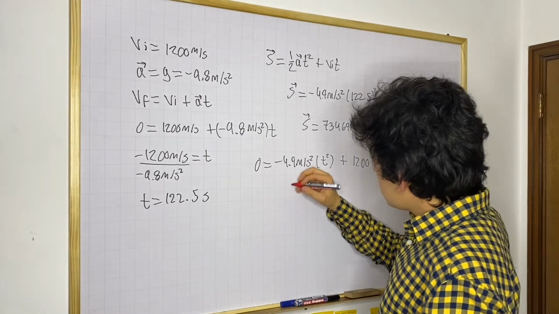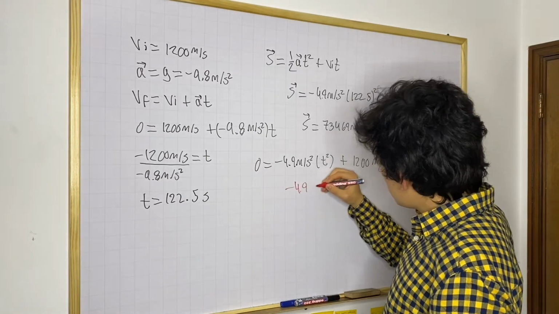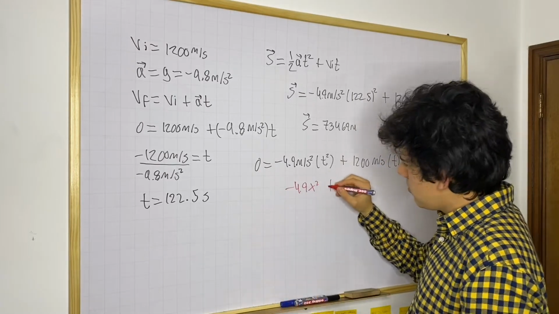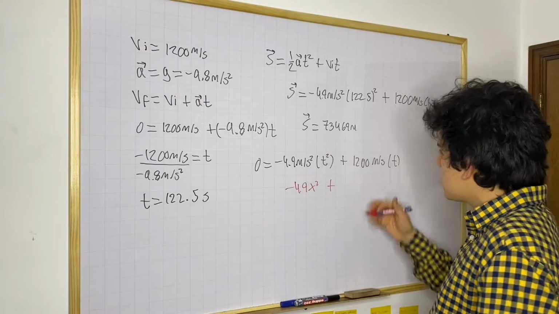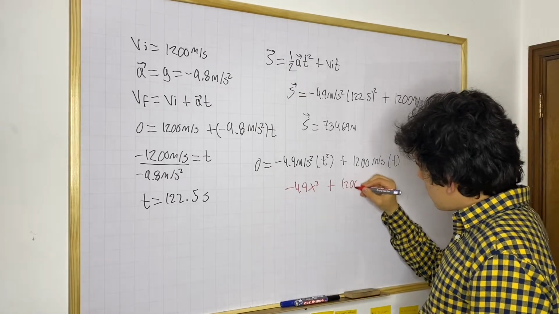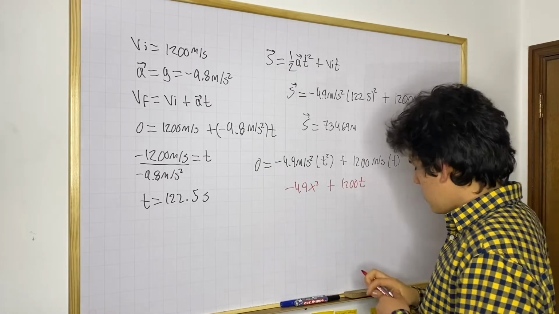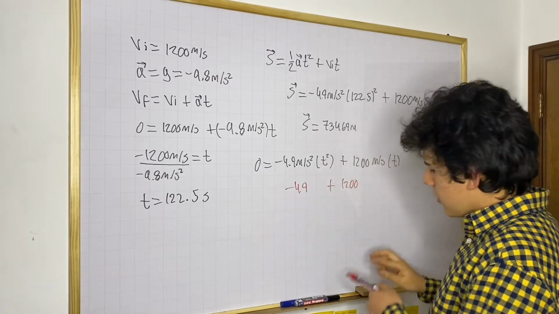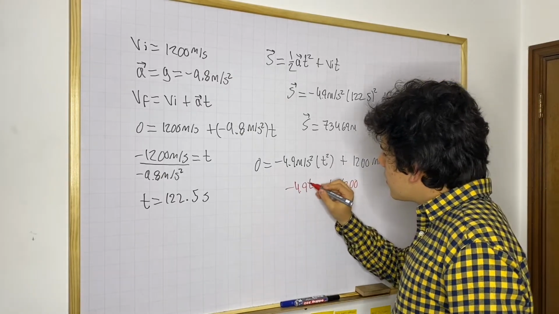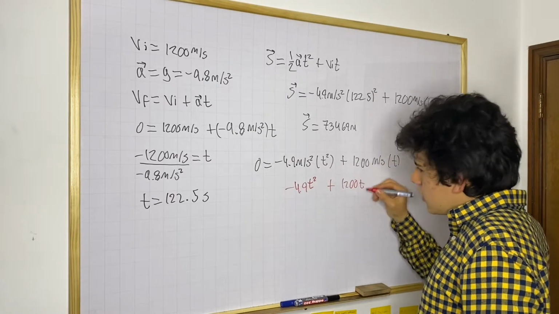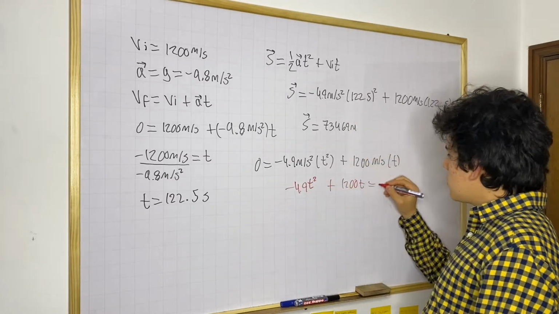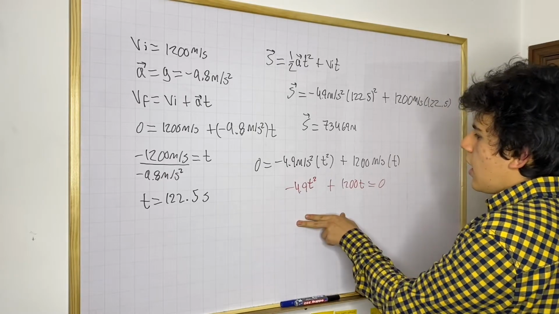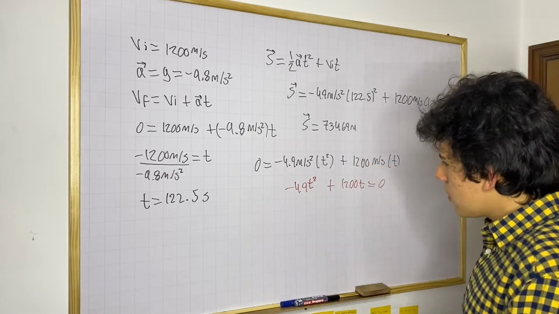I'm going to say x squared just so you see it better in more common math notation. Actually, let's keep it with t. Why not? We're doing physics. So t squared and t in here, and all of this is equal to 0. This is the equation we need to solve to find the value we're looking for.